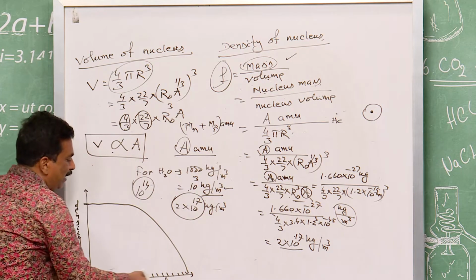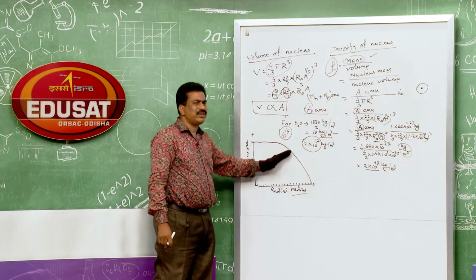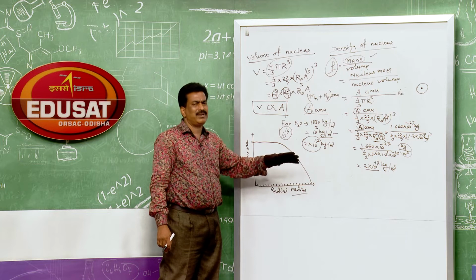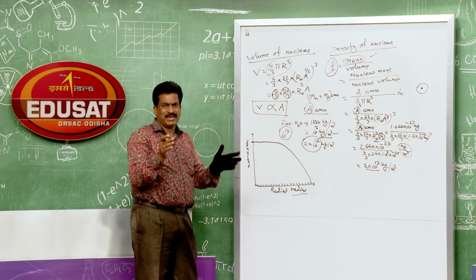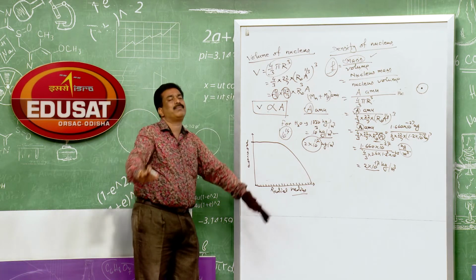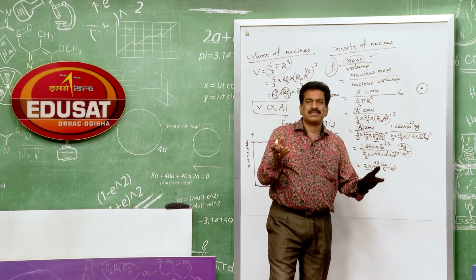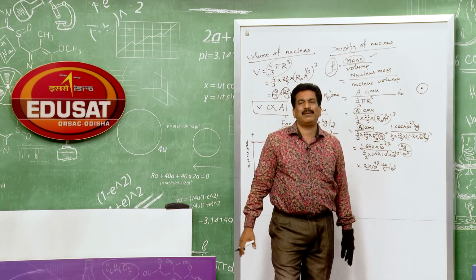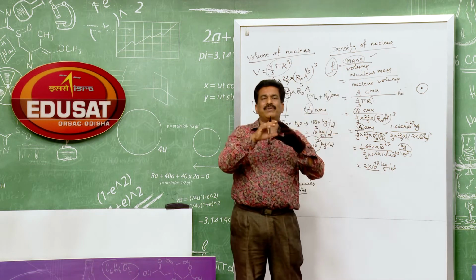So as the radial distance gradually increases, the density gradually decreases, but never compare that to water. So we can say that the shape of the nucleus is not completely spherical. As we know, we say the shape of the earth is spherical, but it is not. The shape of the earth is like an orange.